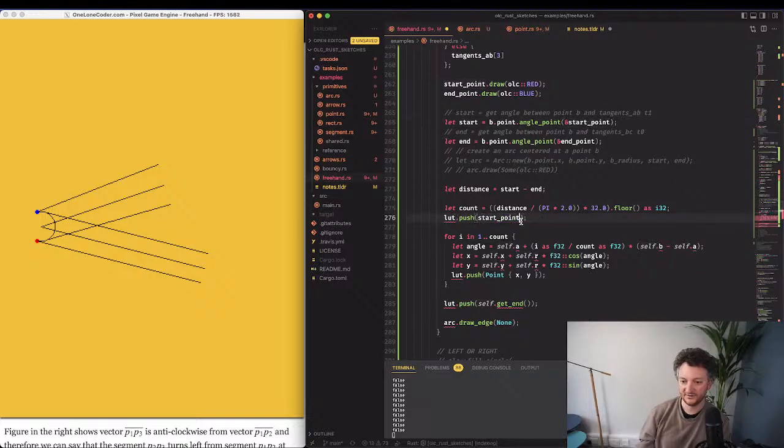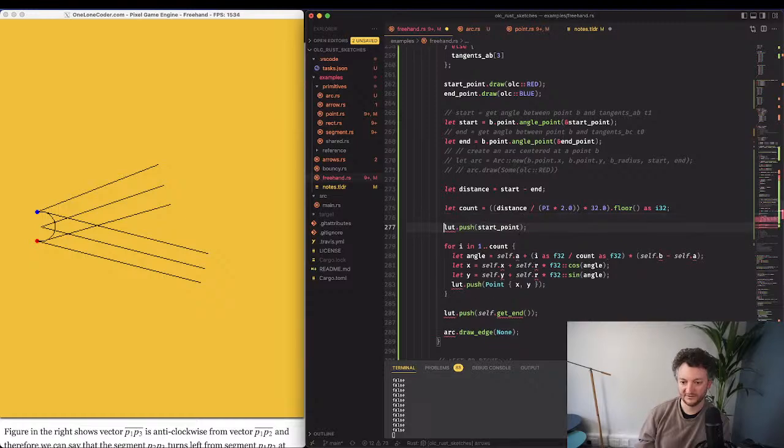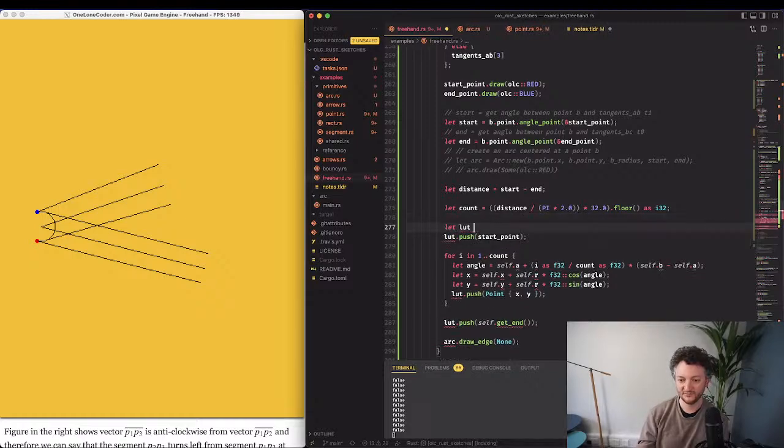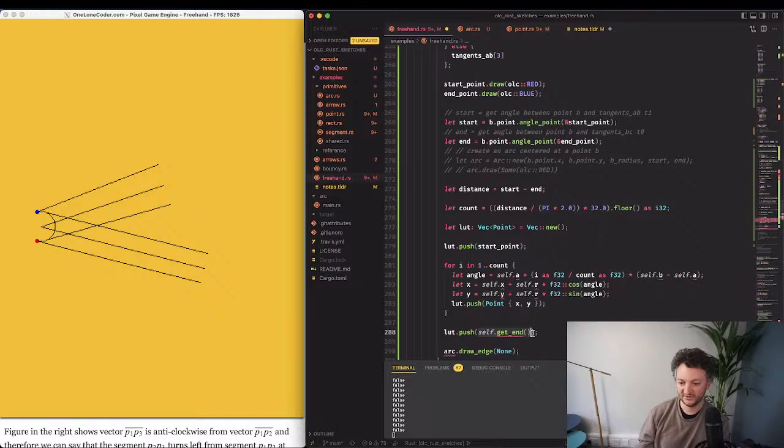Self lookup table is going to be vector new. Going to push the start. We're going to push the end.